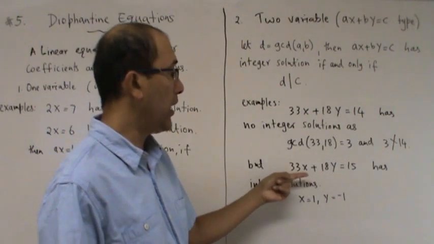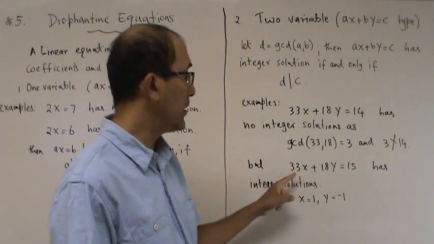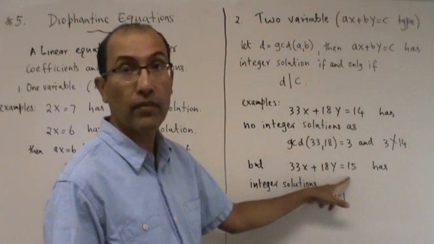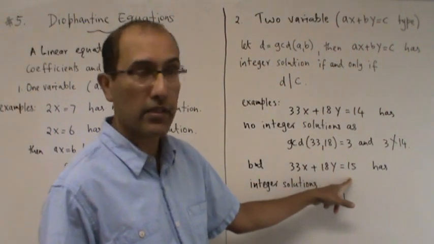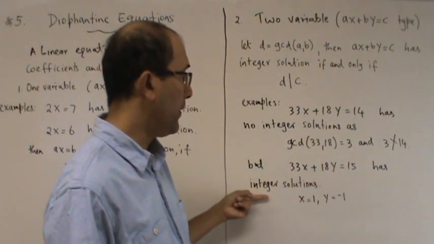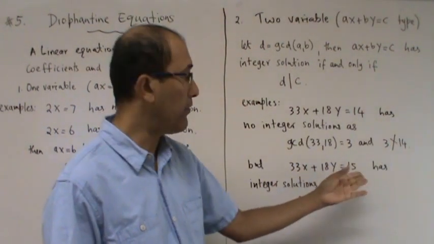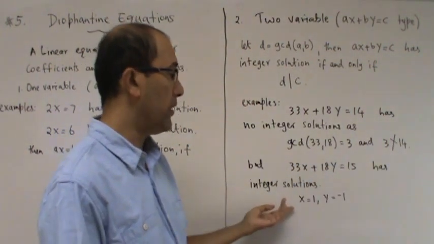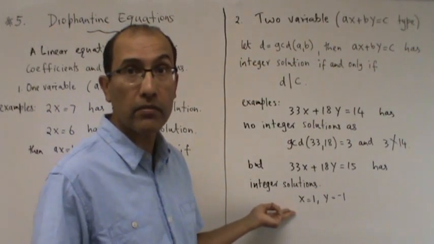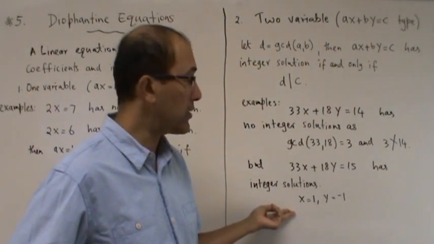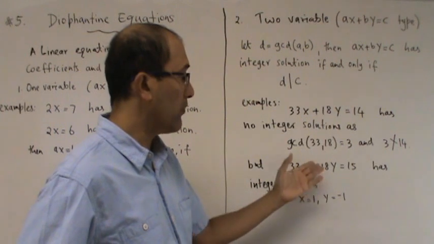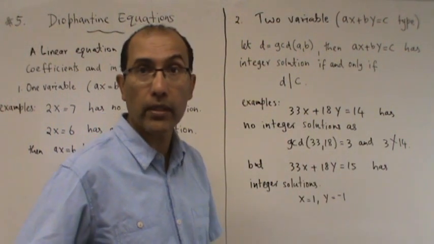Whereas if we change it and look at this equation, 33x plus 18y equals 15, it will have integer solutions. Because now the greatest common divisor 3 will divide 15. For example, we can have this as one of the possible solutions: when x is 1, y is negative 1, it solves the equation.